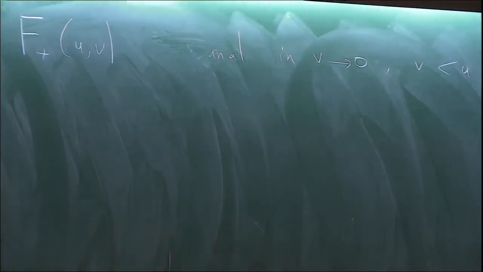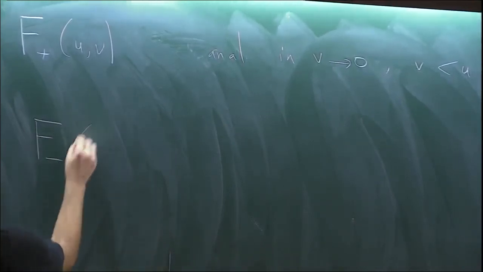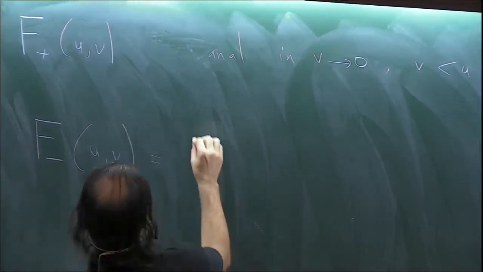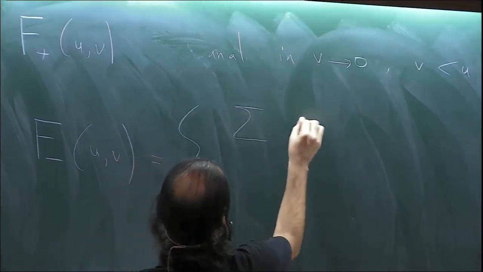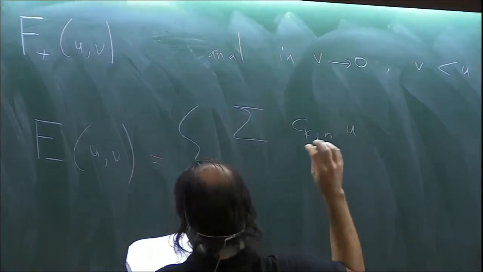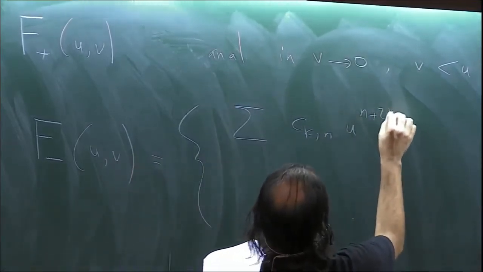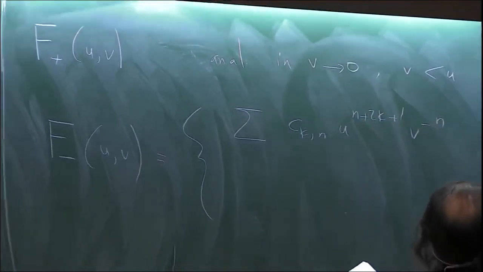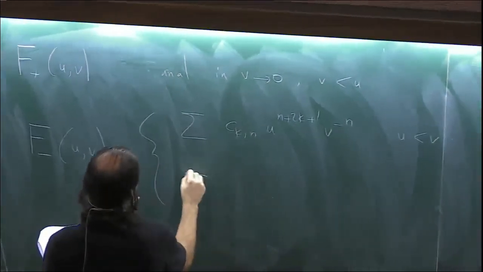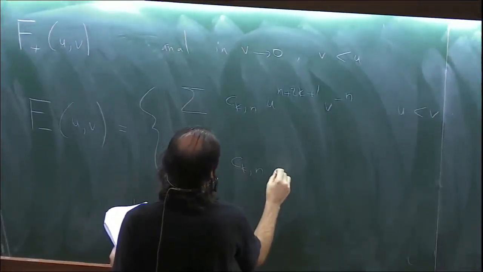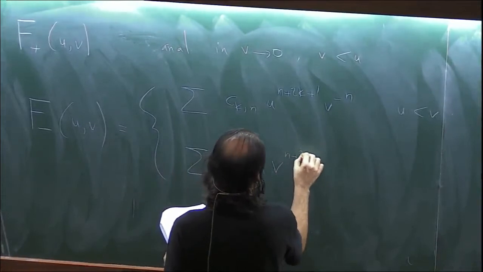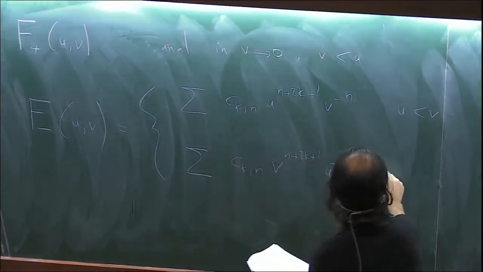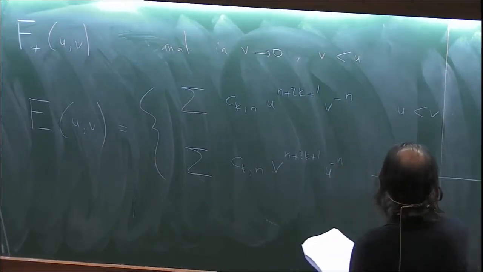And the final answer is that f minus of u and v is equal to the sum of ckn u to the n plus 2k plus 1 v to the minus n, for u less than v, the sum of ckn v to the n plus 2k plus 1 u to the minus n, plus a correction that is still pi over cosh pi mu.